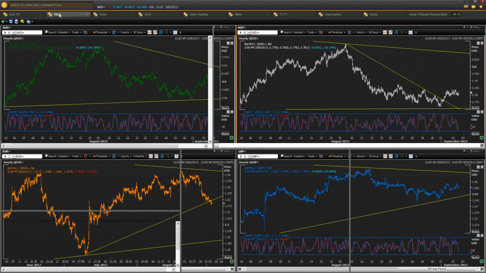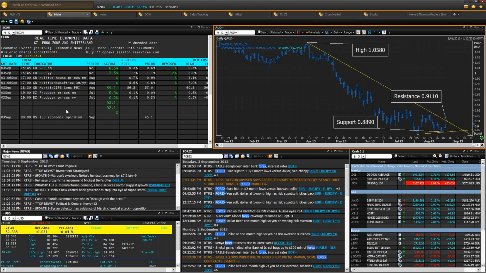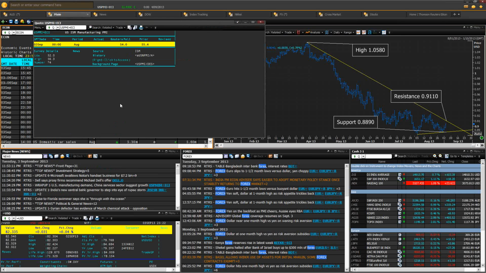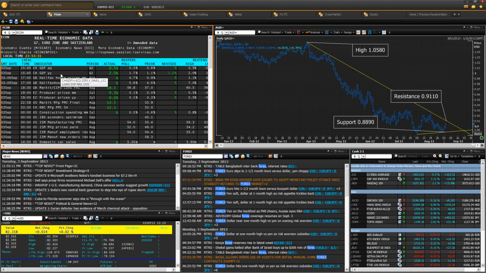Now, just coming back to the data itself, here we go with the manufacturing PMI. This is a good historical number. It's a good reflection of manufacturing data across the US. It's one of the key numbers that has been very indicative of manufacturing levels across the US over a long period of history.